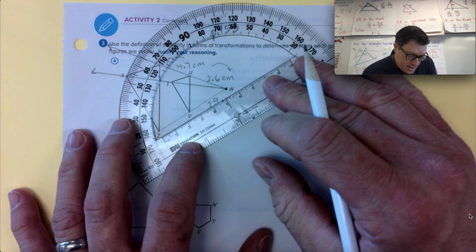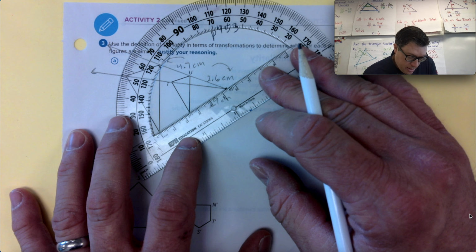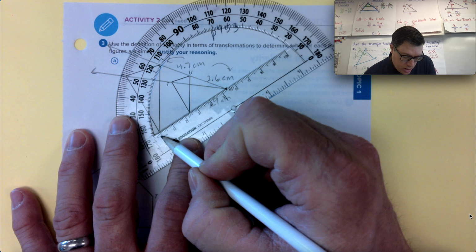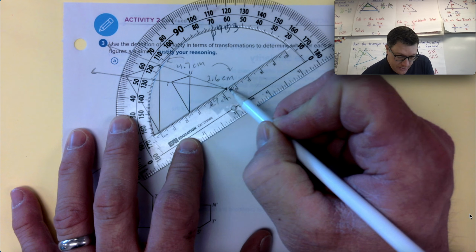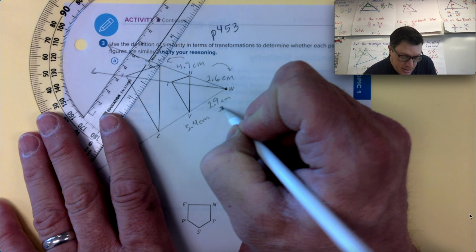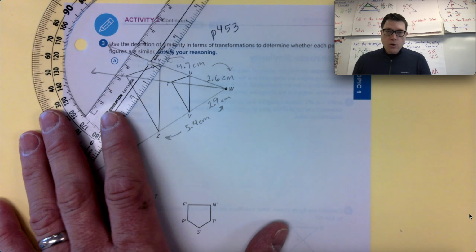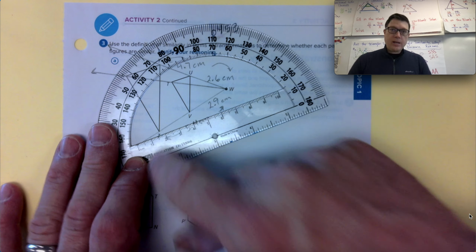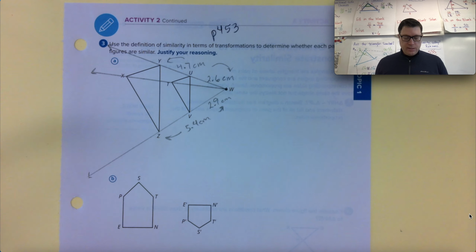And then I'm going to go from Z to W, so that's going to be another measurement here. Line up my 0, 10, 20, 30, 40, 50, 54, or 5.4 centimeters. I'm saying 54 because it's 54 millimeters, but then you put 10 of them together, you get 1 centimeter.